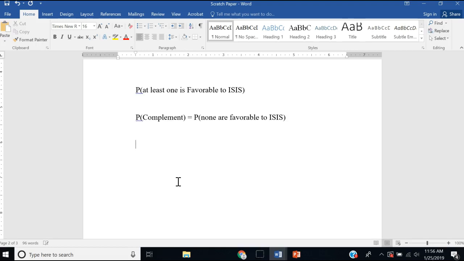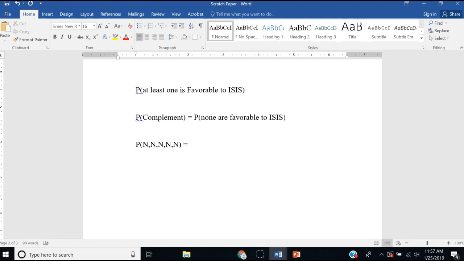So the probability that none are favorable to ISIS, so not favorable on the first pick, not favorable on the second pick, on the third, on the fourth, and on the fifth, okay? Notice again, this is the probability of the complement, so be careful here.